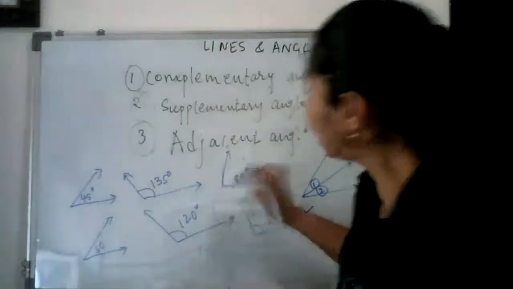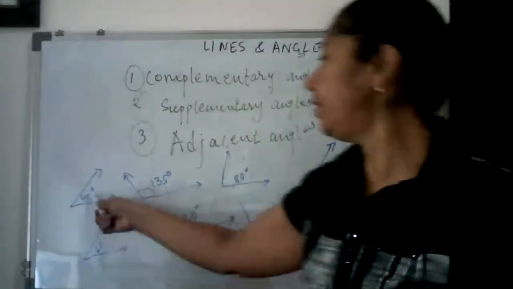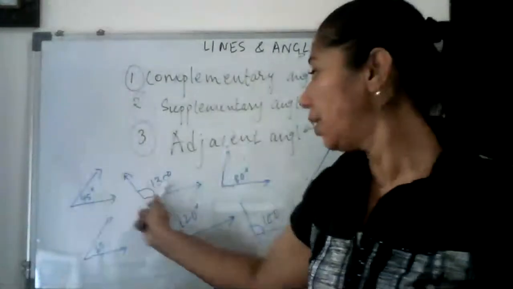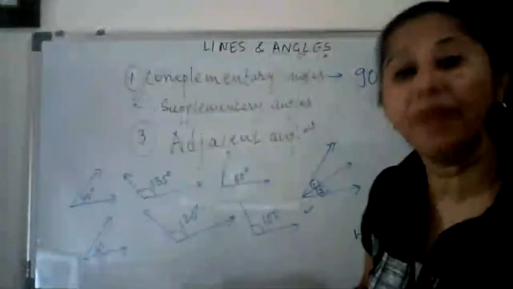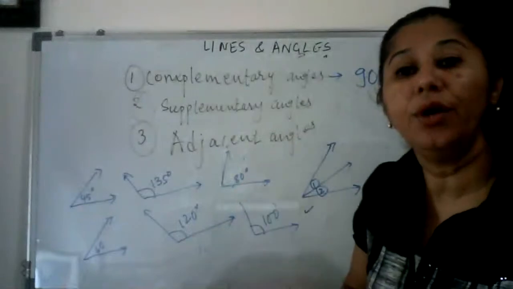Would you tell me what are supplementary angles? सप्लीमेंट्री एंगल क्या है? 135 and 45. टोटल कितना हो रहा है? Yes, 180 degree. 60 degree and 120 degree. Total कितना हो रहा है? 180 degree. 80 degree and 100 degree. Total कितना हो रहा है?